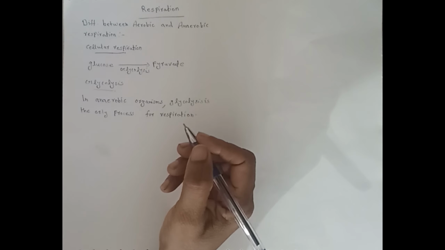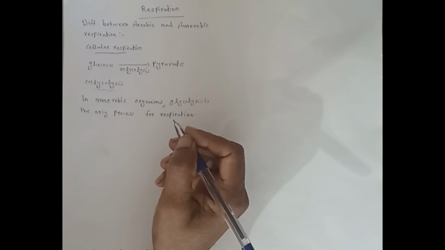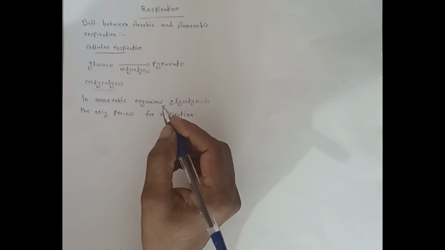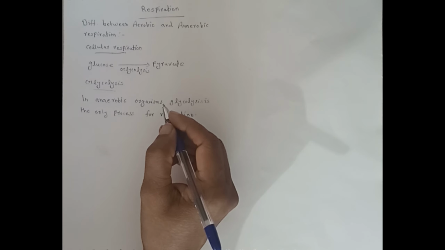Glycolysis occurs in the cytoplasm of the cell and it is present in all organisms.